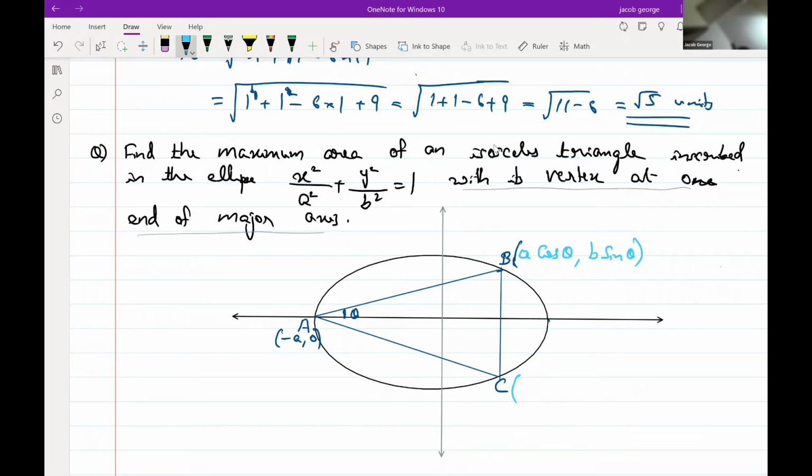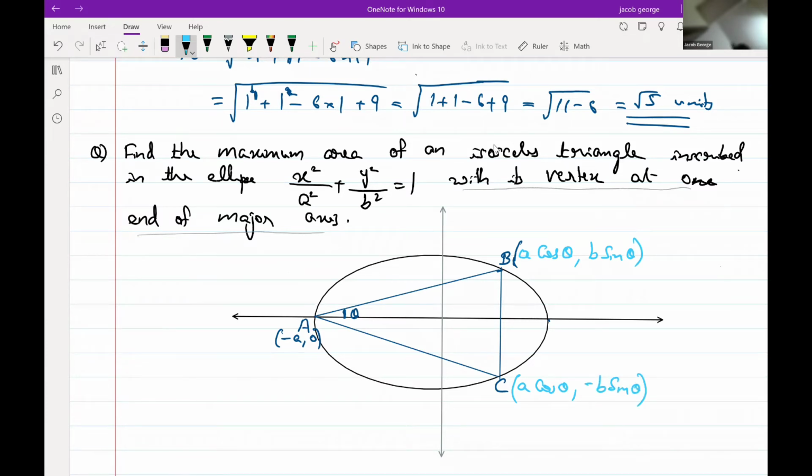But when we write the point C, it is in the fourth quadrant. What can you say about the fourth quadrant? Which coordinate will be positive in the fourth quadrant? x will be positive and y will be negative. So the same coordinate we write here also, but a cos theta, comma minus b sin theta.